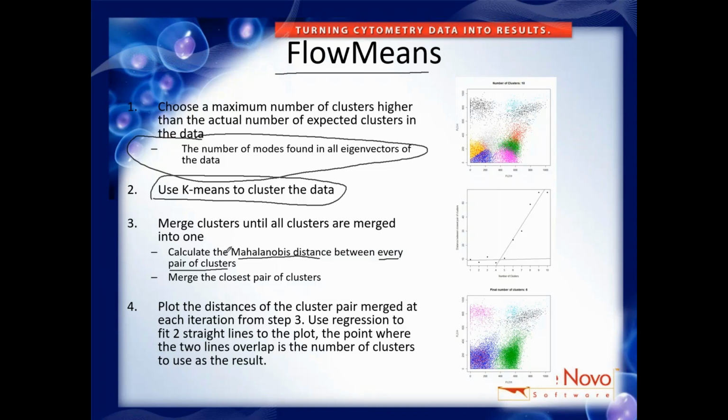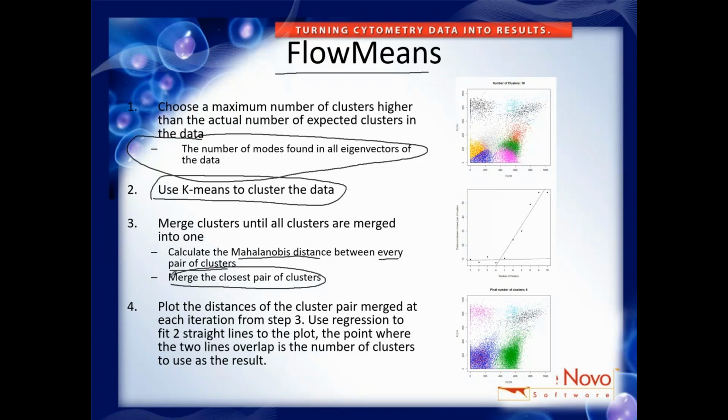And you notice here that this paper is using a Mahalanobis distance. Now they have some justification in the paper why they use that and why that's the most appropriate, but really that's completely arbitrary. And there's 7 other distances that could have been used to figure out which clusters were the closest together. Okay, but anyway, you merge the closest pair of clusters.